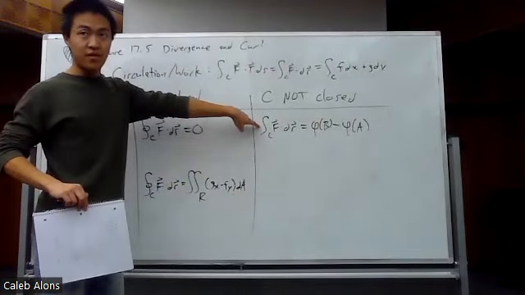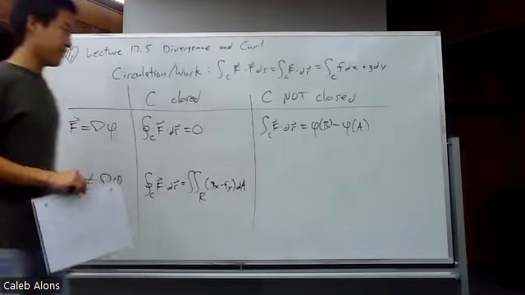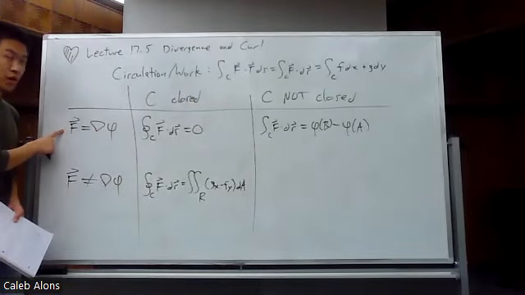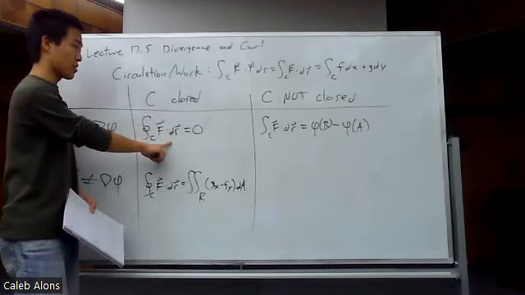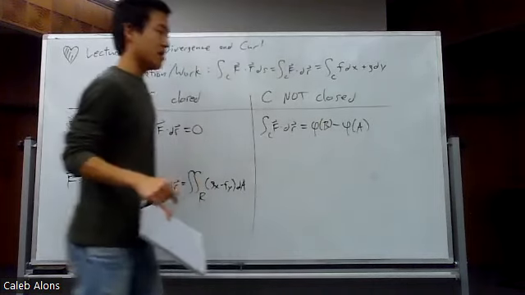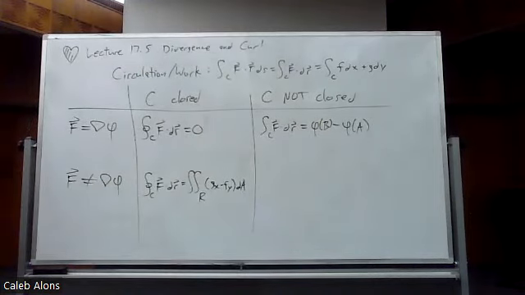Conservative fields are always easier to deal with: 0 if closed, and phi of B minus phi of A if not closed. Either way, it's pretty straightforward.